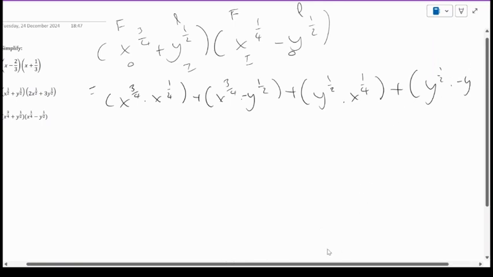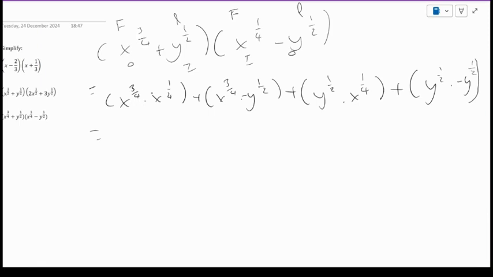Yes, let me just make that perfect. Now, same base, we just add the exponents. What will that give us? That will just give us 1. 3 quarters plus 1 quarter will just give us 1.